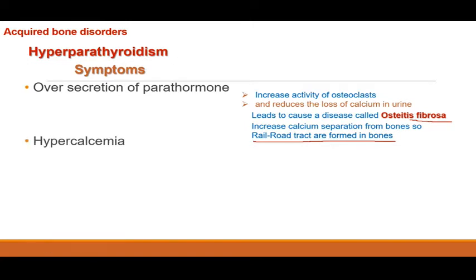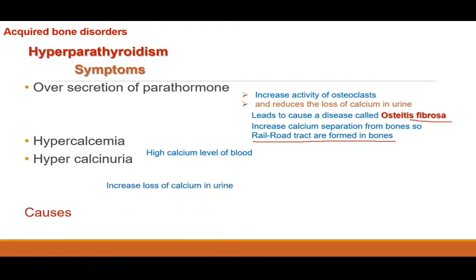Other symptoms are hypercalcemia, that means high calcium level in blood, and hypercalciuria, that means increased loss of calcium in urine, which may be up to 100 to 180 milligrams per day. Sometimes calcium is deposited in the kidney, leading to kidney stones and decreased urine output.